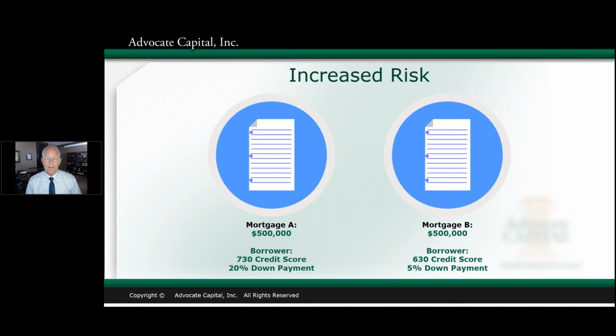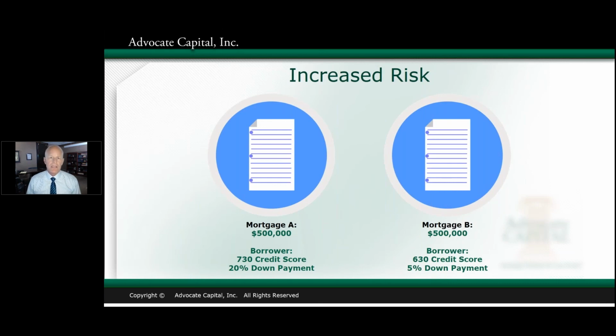You could have that mortgage, or you could have mortgage B, which has a 630 credit score and a 5% down payment. Well, there's obviously higher risk with mortgage B, and even though they're both for $500,000 in nominal value, the market value of mortgage B is going to be lower than mortgage A. So the higher risk lowers, again, the overall value of your asset that you've left in your business.